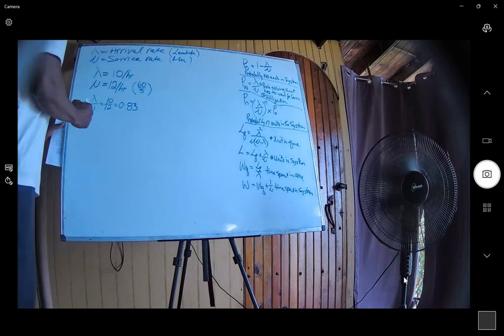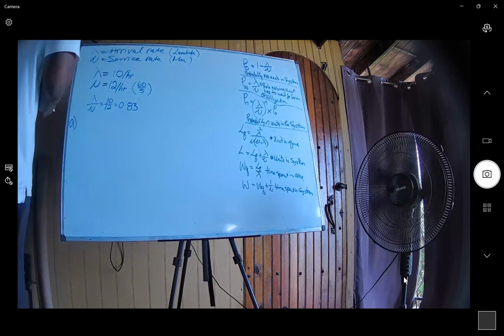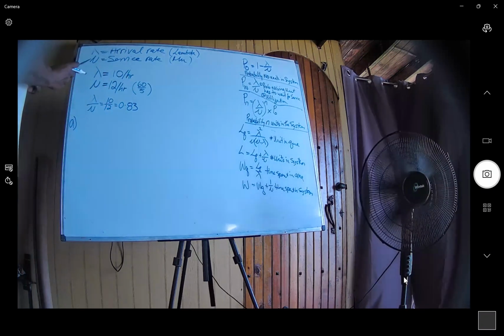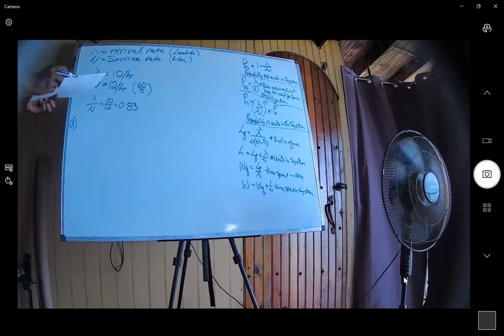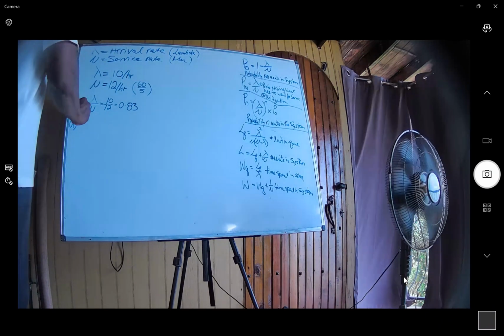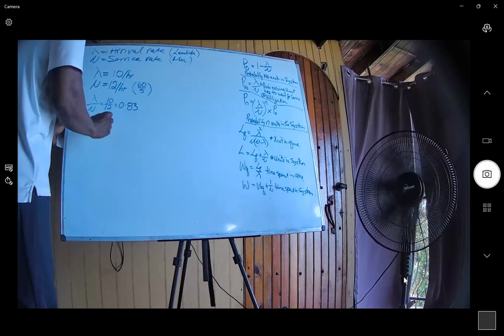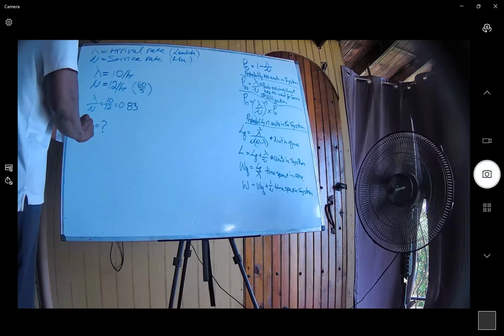0.83. So then, let's look at A. What is A asking for? It says the average number of cars in the line. So right away I'm looking for L, and it's in the line, so it's LQ. So find LQ. That's what I want. And now I move over to the equations.